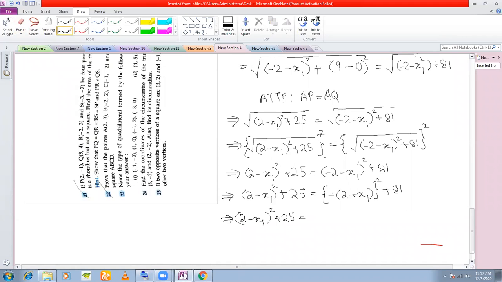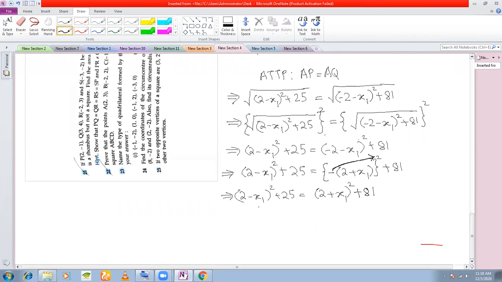And because there is a minus sign and the minus sign has been raised to an even power here, this minus becomes plus. So minus 2 minus x1 has simply been written as 2 plus x1 whole square. That is the beauty of it. I was able to do this because I saw that minus has been raised to an even power.